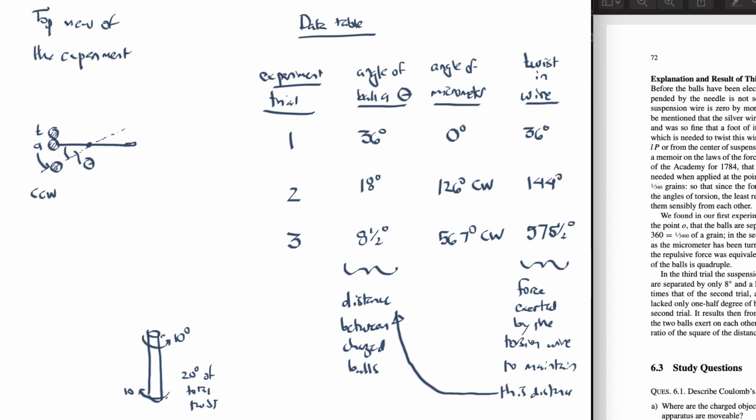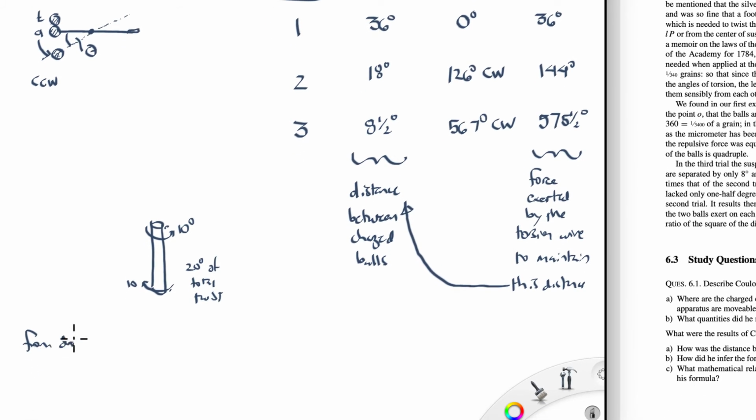So the distance, at least measured in angle, has halved. Insofar as reducing the angle by half reduces distance by half, that's not exactly correct. I'll come back to that in a moment, but it's roughly halved.